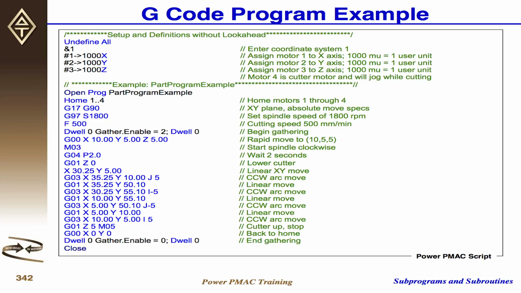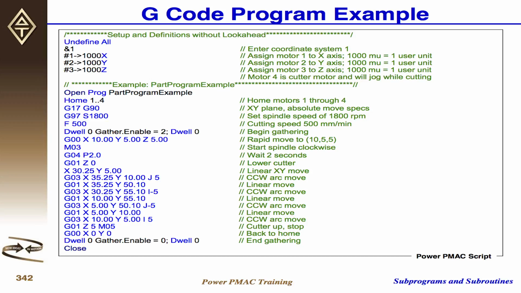So this is our part program. You define 3 motors for the CNC machine. You don't need to put the spindle in the coordinate system, right? So you have only motor number 1, 2, 3 in coordinate system 1, and motor 4 is like a spindle. It's independent.